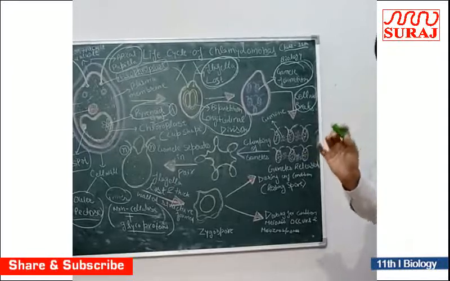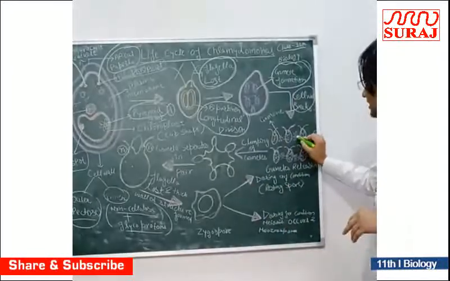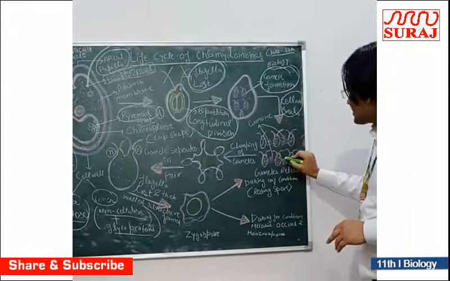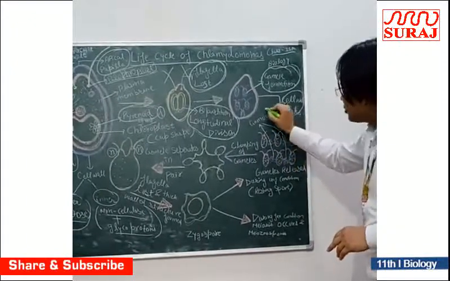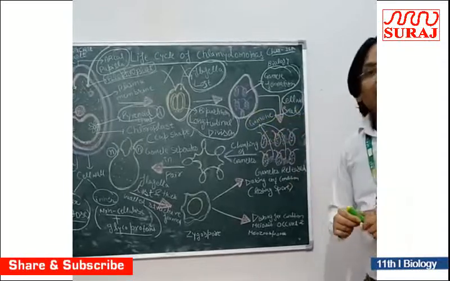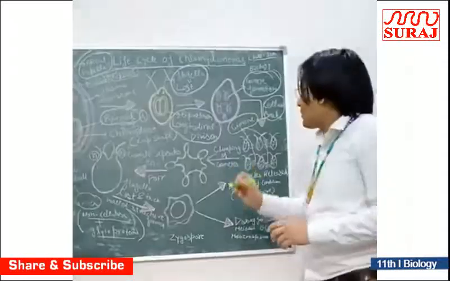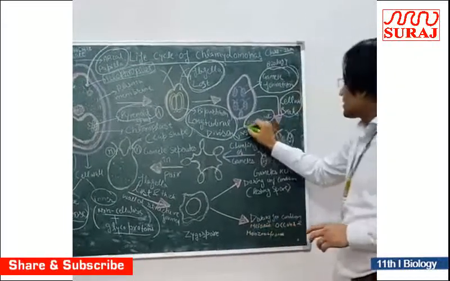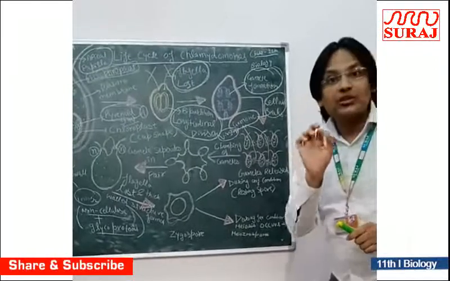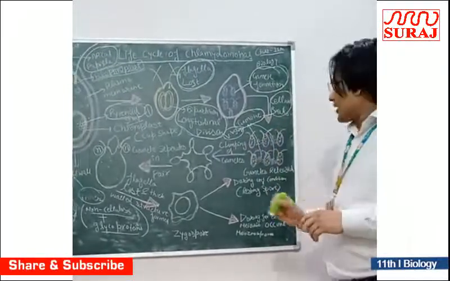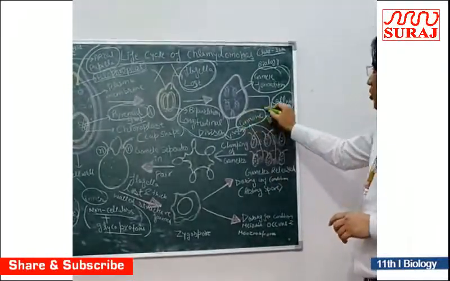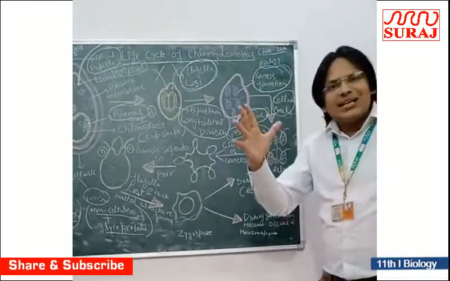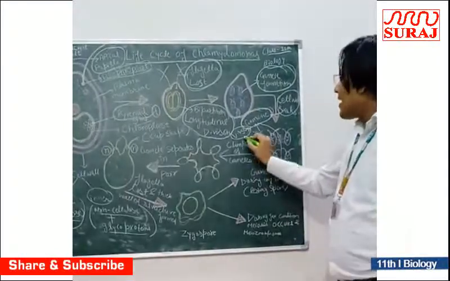Which type of medium? You know very well, water. Gametes released in water means external fertilization. We know very well about external fertilization. Now interesting points: these gametes release a chemical substance, a very important question. This chemical substance is known as gamone, and gamone is responsible for the clumping of gametes.